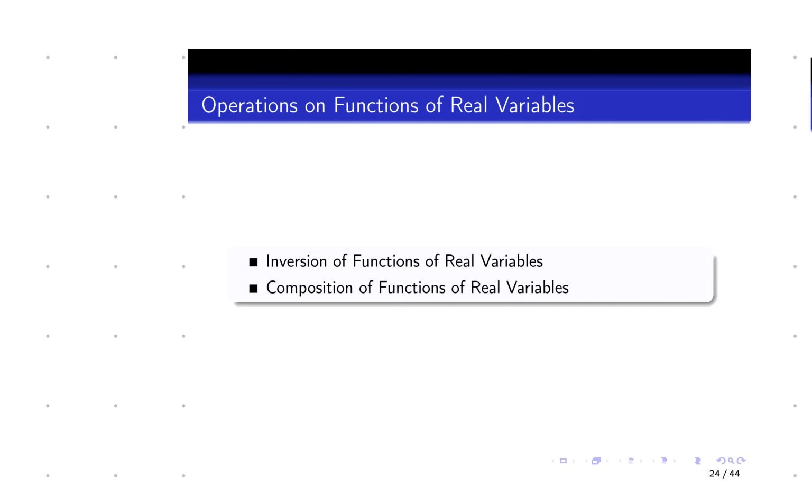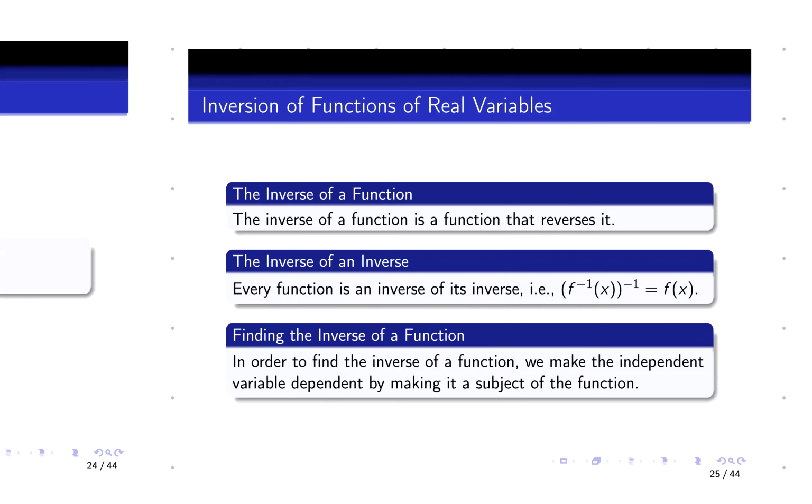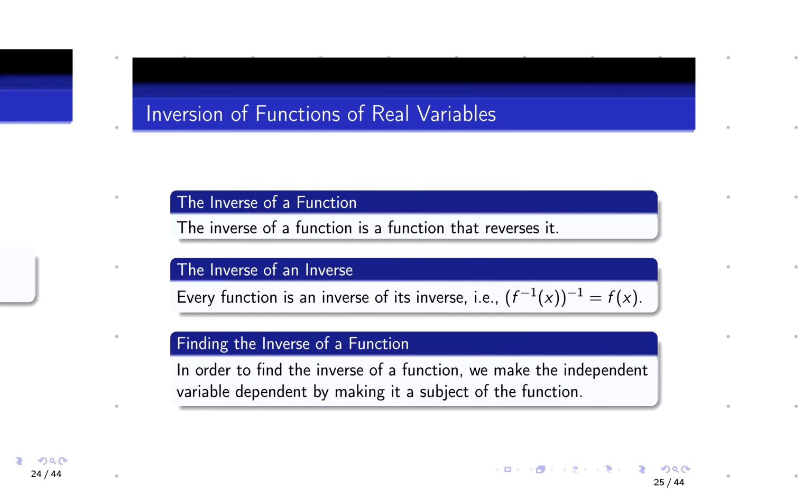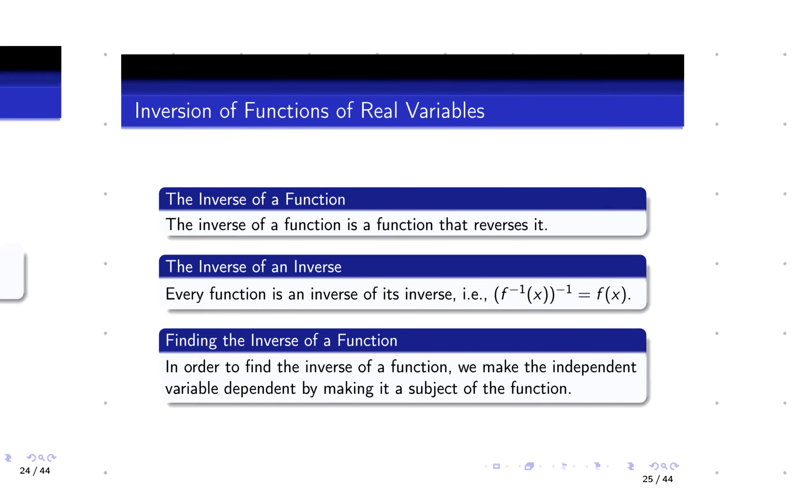Okay, so let's talk about inversion of functions of real variables. The inverse of a function is a function that reverses it. Any function that reverses another function is said to be the inverse of that function. Every function is an inverse of its own inverse. So if you say f inverse inverse of x, that will give you f of x.